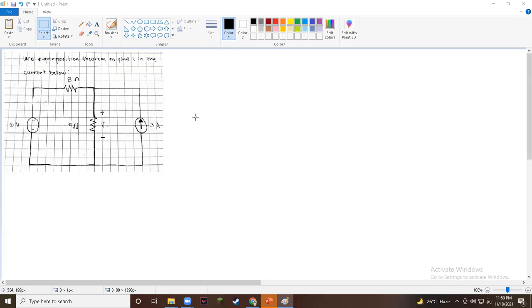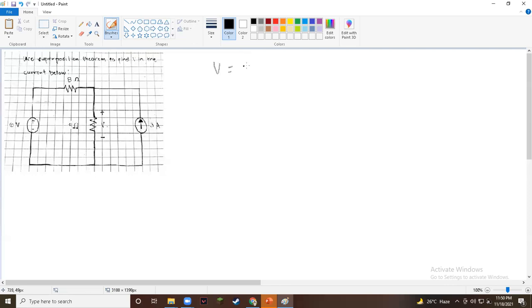So let's solve. First, we need to give formula doon sa ating voltage natin. So ito pang gagamitin natin para makuha natin yung voltage later on. So V is equal, pasensya na po yung aking sulat.